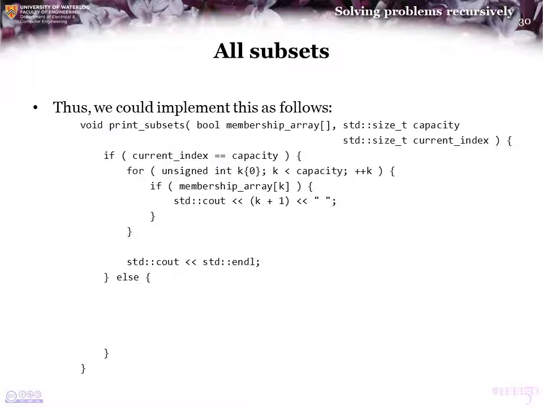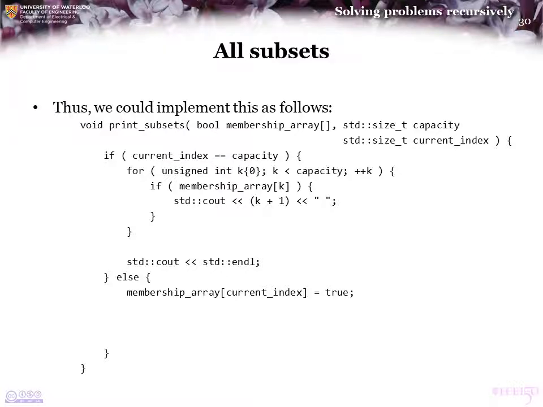Now the complementary statement includes first indicating that the membership of the current index is going to be true. So at this point we're assuming that when we recursively call, then this entry at current index will be displayed to the screen, specifically current index plus 1.